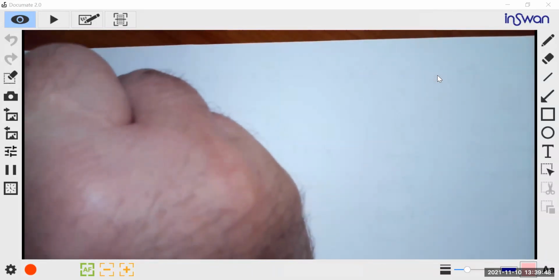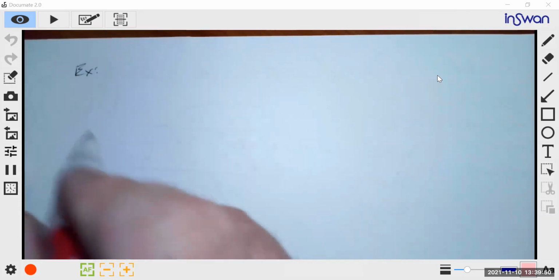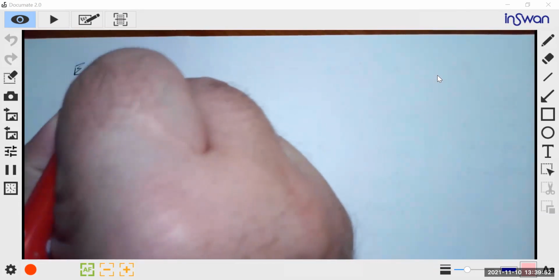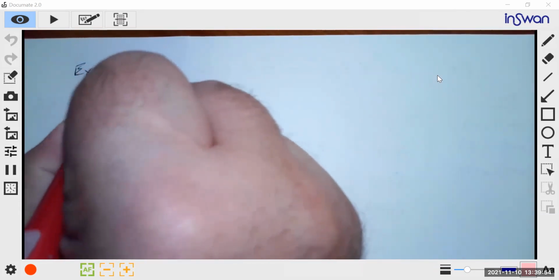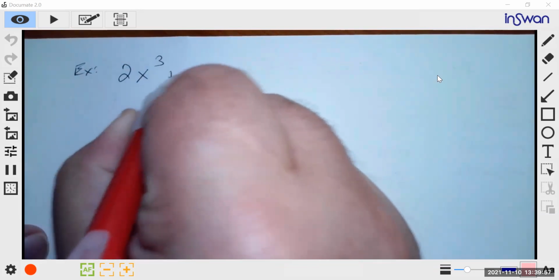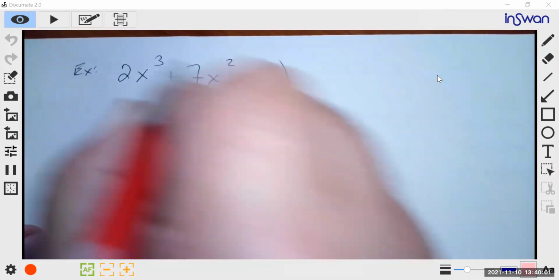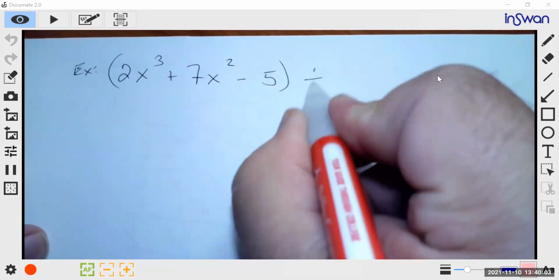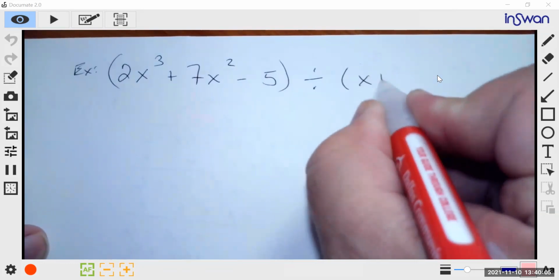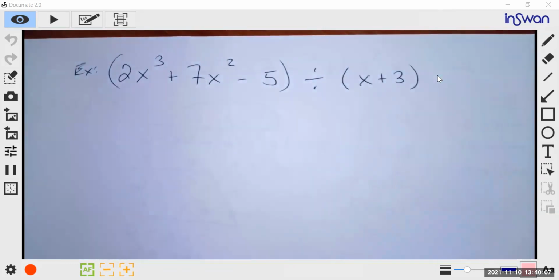So, 2x cubed plus 7x squared minus 5, divided by x plus 3.